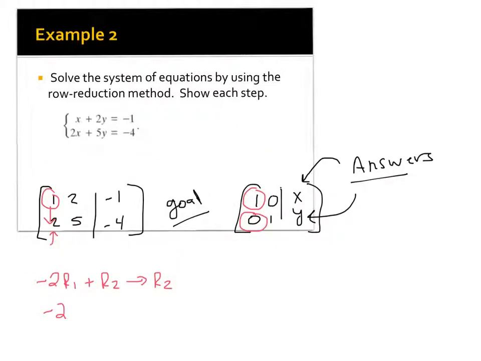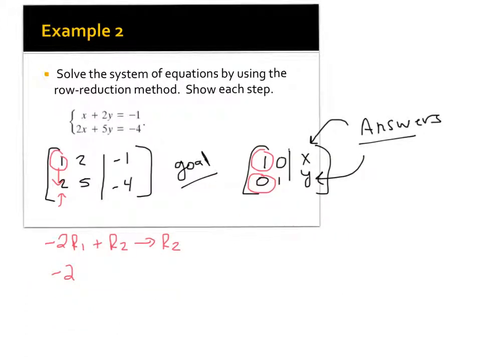And then we have -2 times 2 is -4. Let me change the color here real quick. And then I have the divider, and -2 times -1 is 2. And then I'm going to add that with row 2, which is 2, 5, and -4.